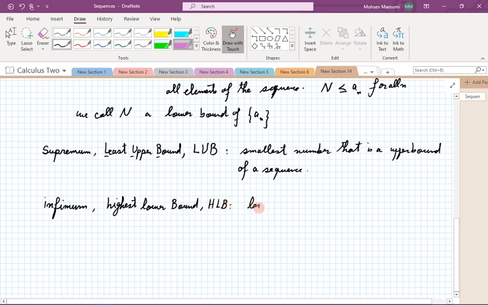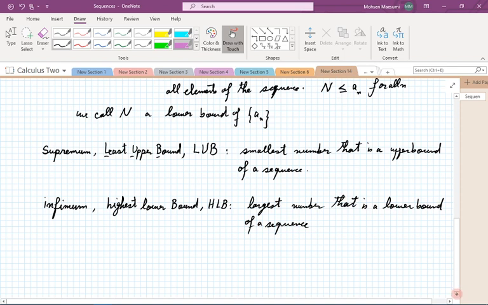That's the largest number that is a lower bound of a sequence.